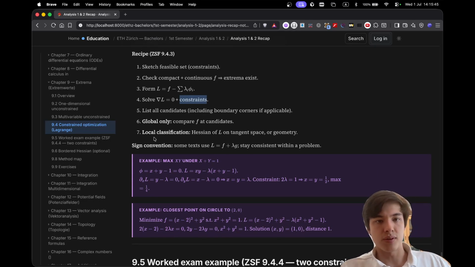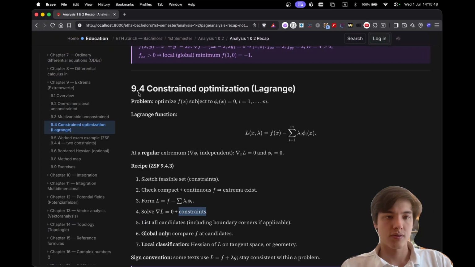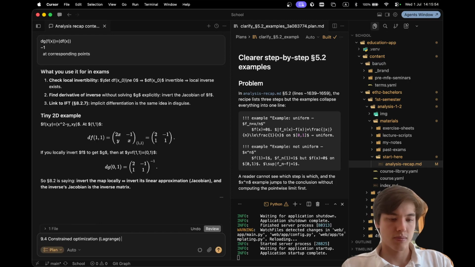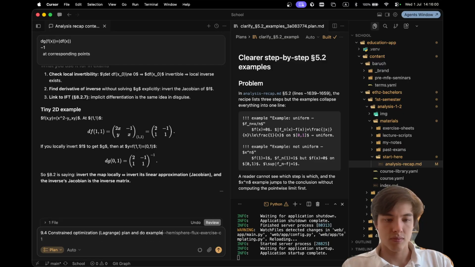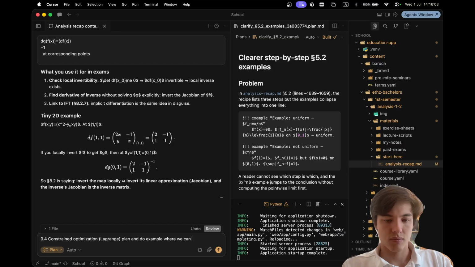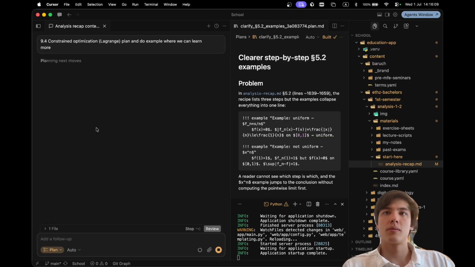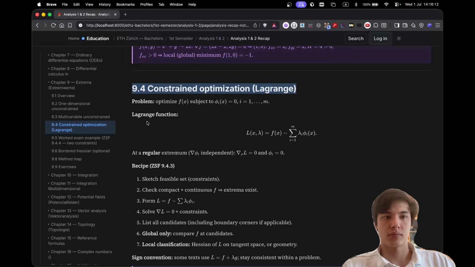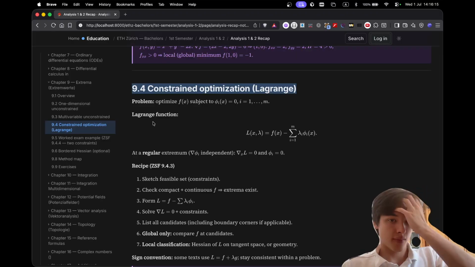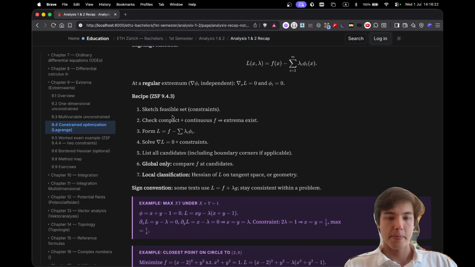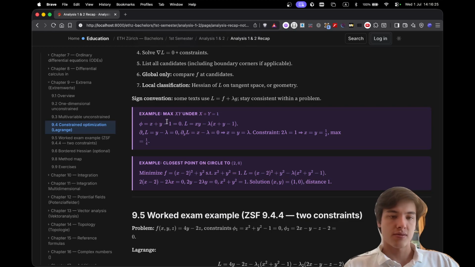Let me do a better example. So yeah, but let's first start. This is our constraint, so x plus y equals 1.